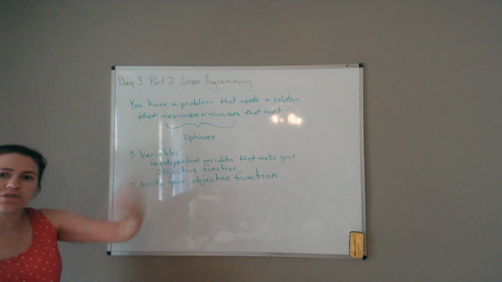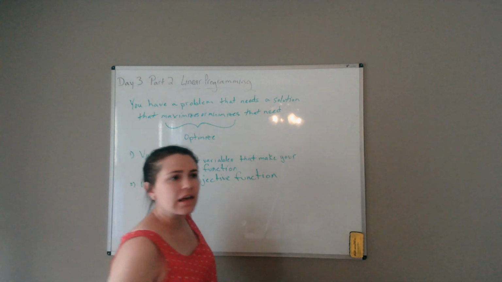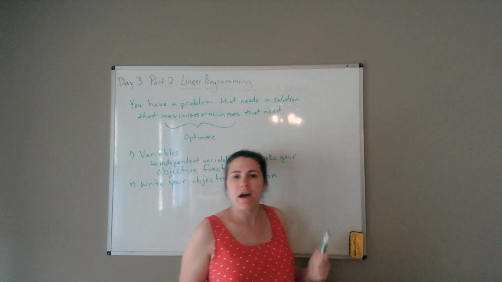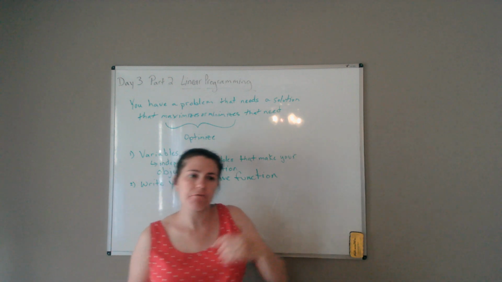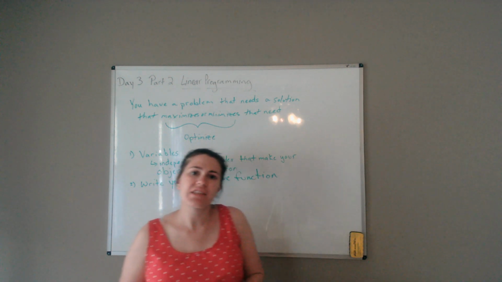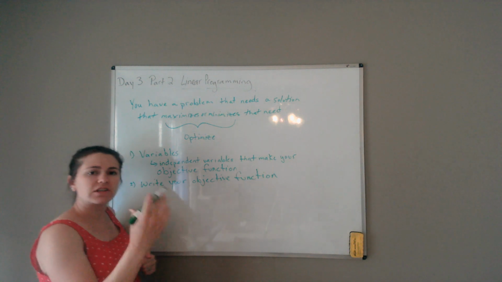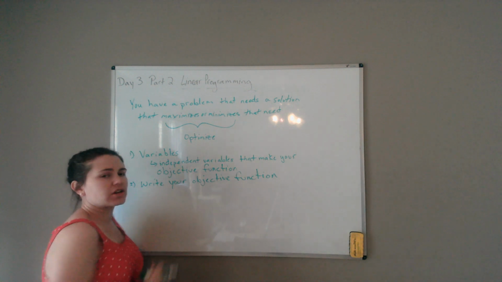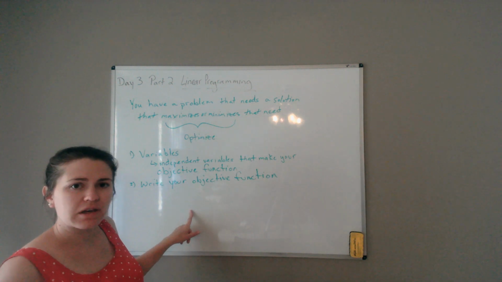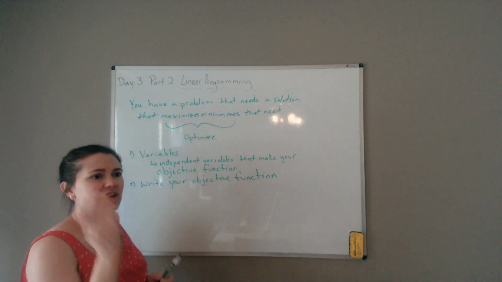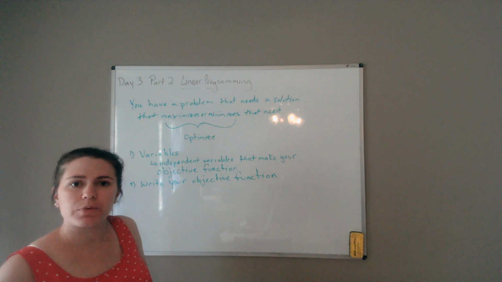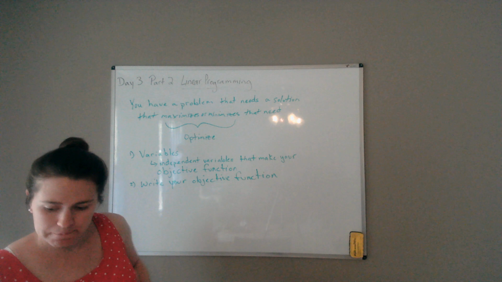You have 3 toys you're selling. For every toy A you sell, you make $5 in profit. For every toy B you sell, you make $7 in profit. For every toy C you sell, you make $9 in profit. So your profit equation, your objective function, would be 5 toy A plus 7 toy B plus 9 toy C equals profit. That's how you would be making your money, okay?